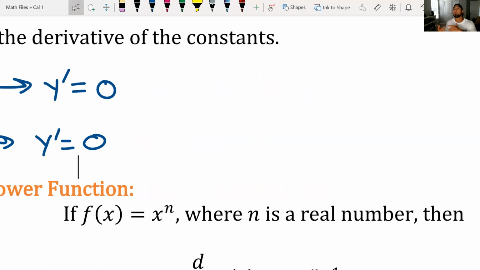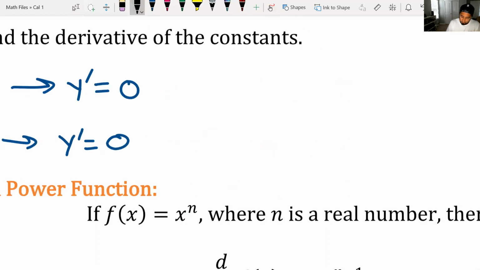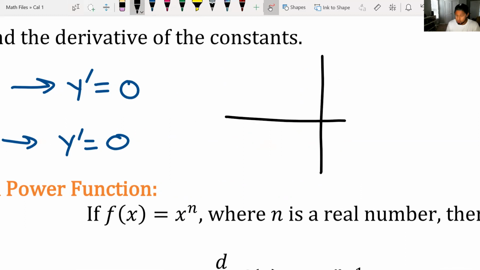Okay, but let's put into perspective what we just found. Remember, derivative is just a fancy word for slope. So let's look at the first equation, y equals -5. That is the graph of a horizontal line.